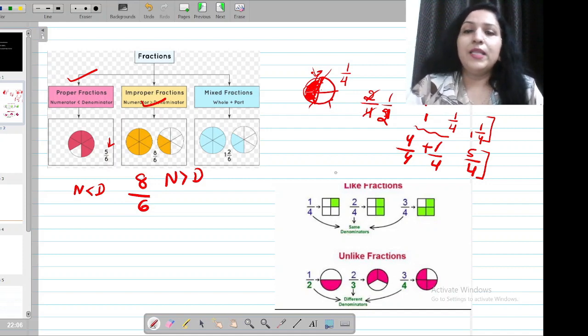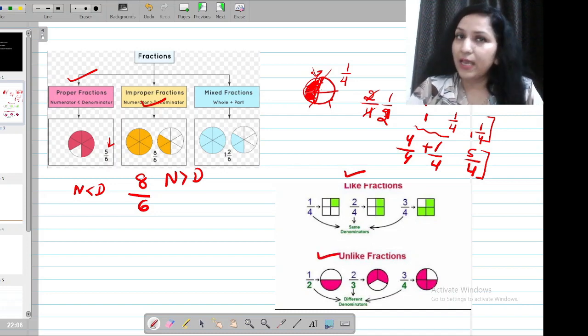Now, there is a term like fraction and unlike fraction. Like fractions are the fractions wherein the denominator, the lower number, is the same. That means two figures are divided into equal parts. Those are like fraction. Numerator has nothing to do with if the fraction is like or unlike. Okay? The denominator has to be same.